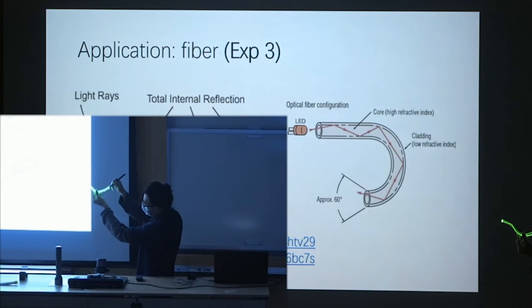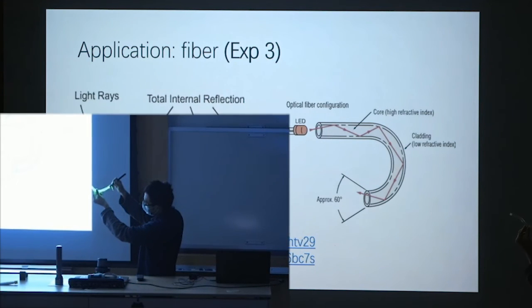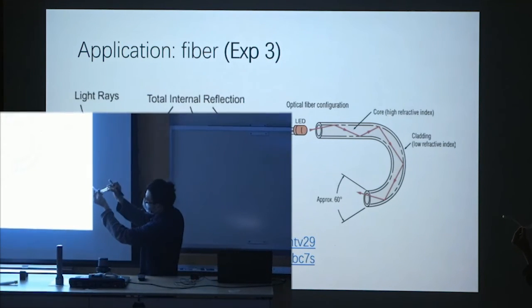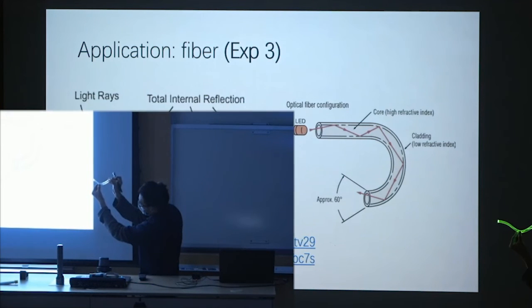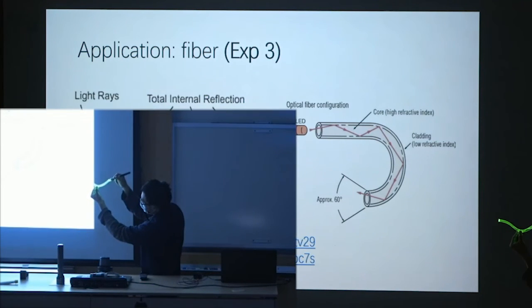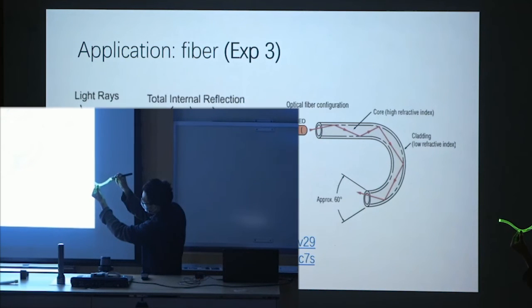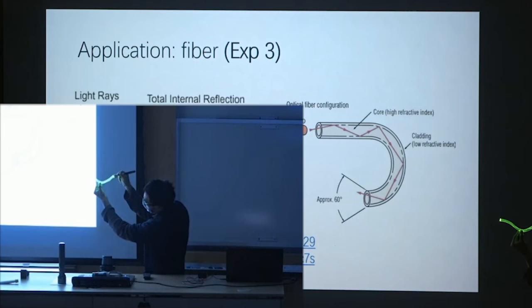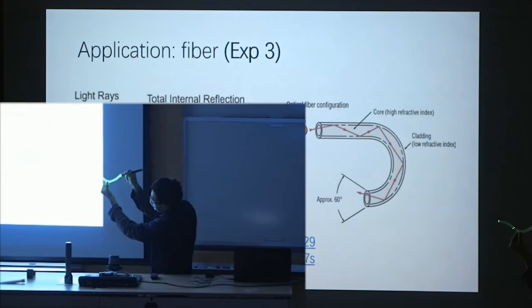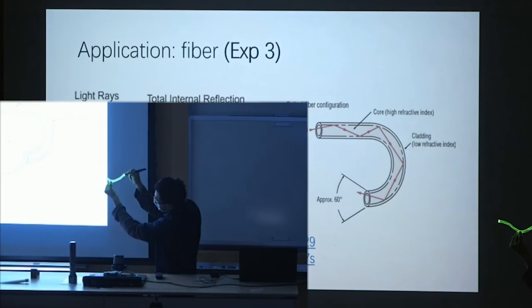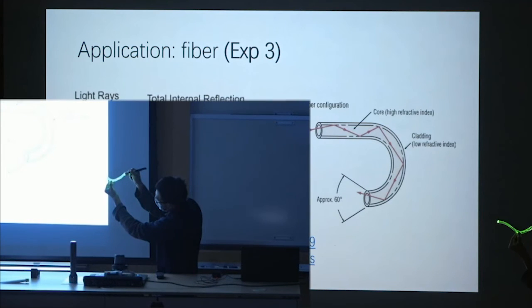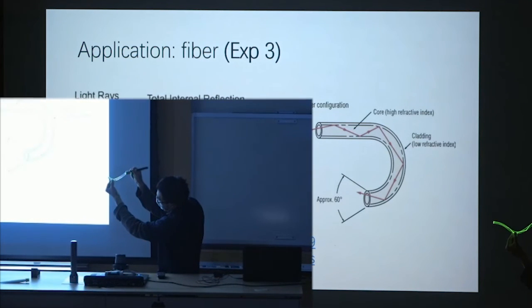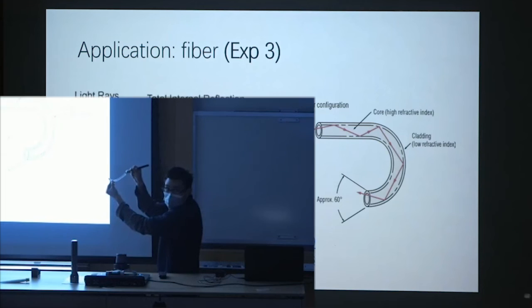But if I increase the incident angle like that, then you can see the light goes through, reflecting a couple of times between the air and the glass.